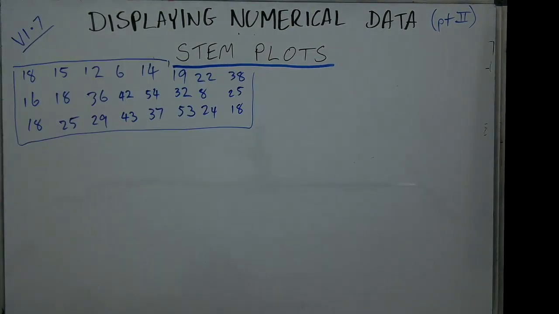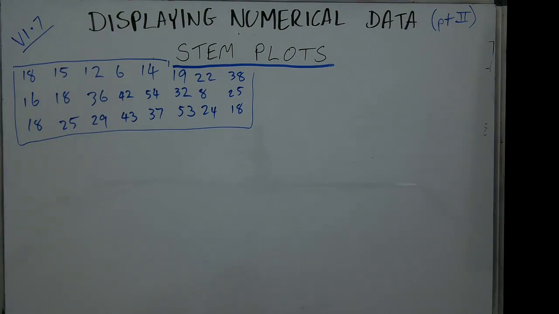Okay, this is our first example that I'm going to go through and create the stem plot. The information says a taxi driver collected the following fares over one evening. Data has been rounded to the nearest dollar. Represent the data in the form of a stem plot. So first of all, I'm just going to look at the data and look at the kinds of numbers that we have.